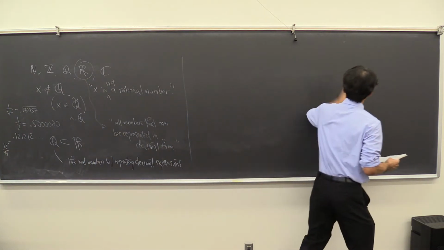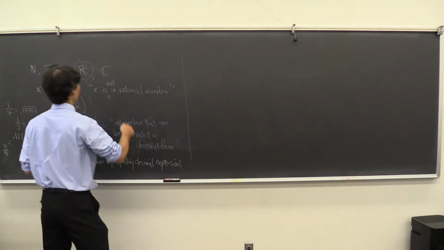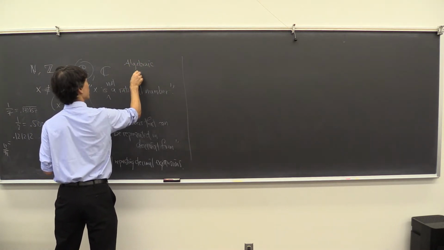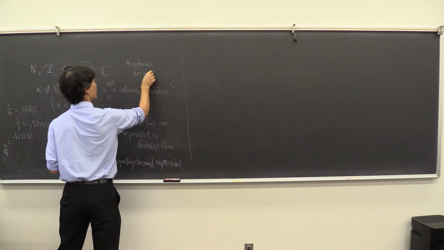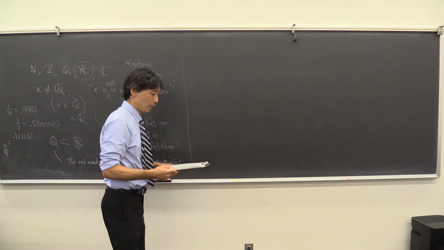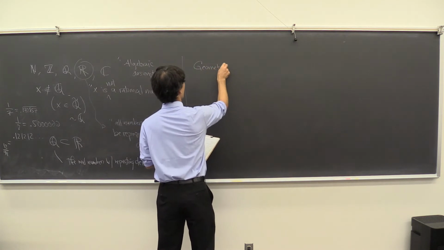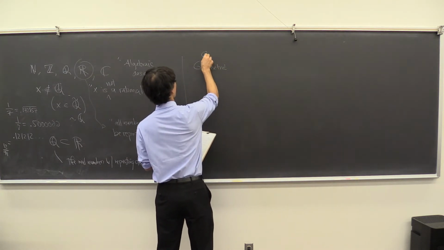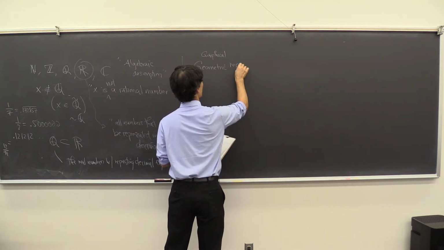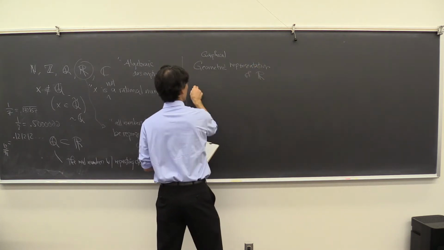So that was the verbal description of the numbers, or somewhat of an algebraic description. It wasn't really the true algebraic description, but anyway. We also have a geometric or visual or graphical representation of the real numbers, and that is the number line.